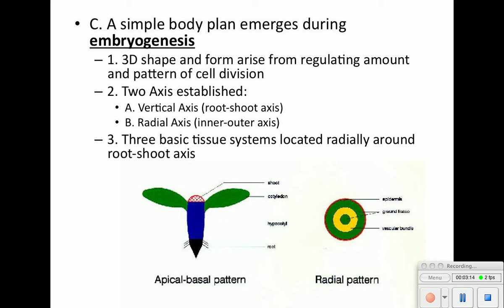But we start to see the vertical axis and the radial axis start to develop. So remember, vertical is the root shoot, and radial would be like your horizontal, the width of the plant. And we all know that the 3 basic tissues are involved in both of these processes, really. So there's my apical basal pattern, so this would be my vertical axis, up and down, and then radial, horizontal.